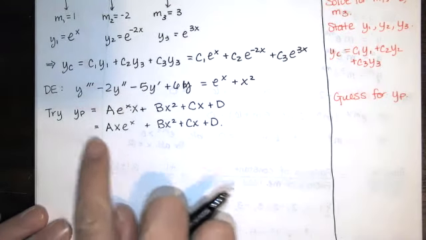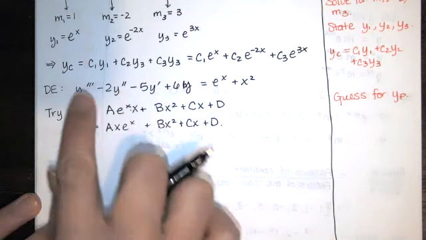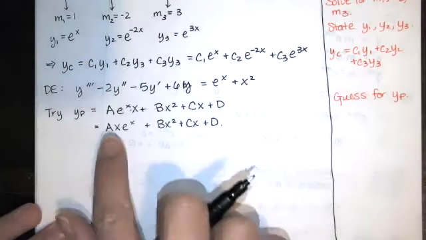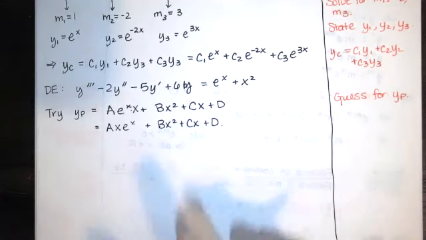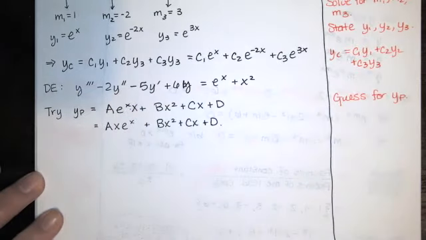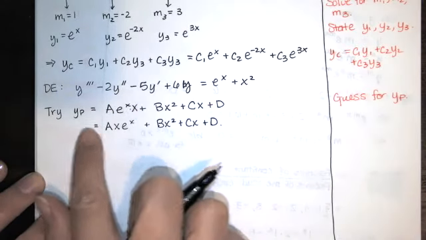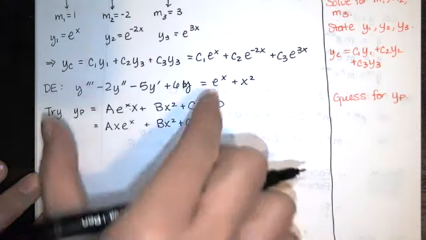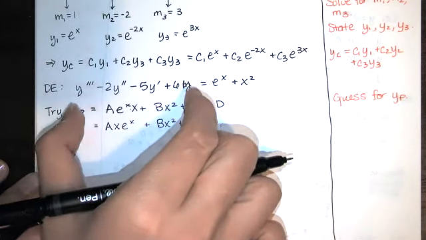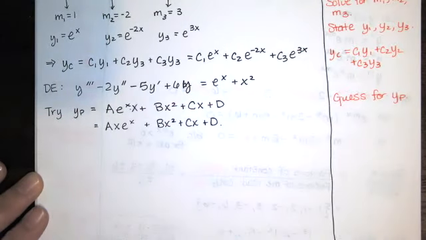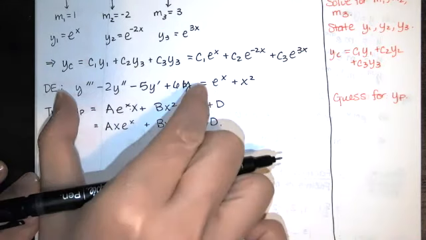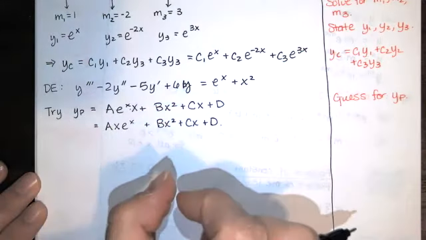Okay, now I'm assuming that this is a solution to this third order non-homogeneous differential equation for the right choice of a, b, c, and d. I just need to find a, b, c, and d that make this satisfy this equation. So in order to do that, I'm going to take the first, second, and third derivative and substitute those into the left-hand side, simplify that left-hand side and set it equal to the right-hand side, and then figure out what a, b, c, and d will work so that this side actually gives us this.